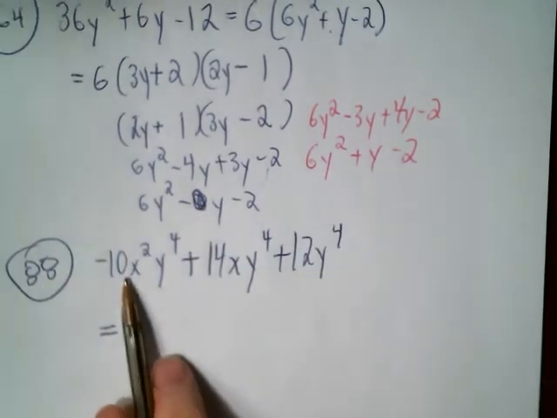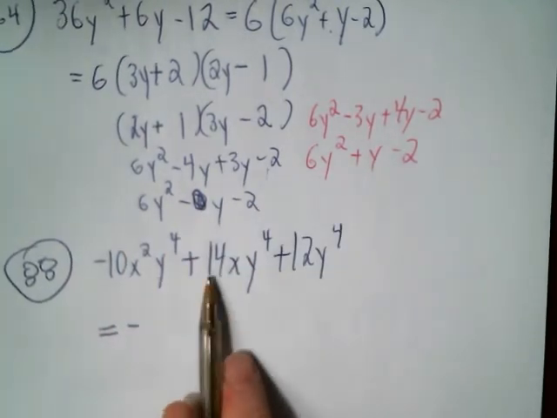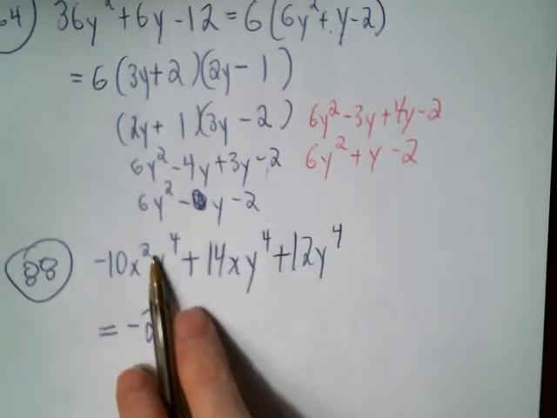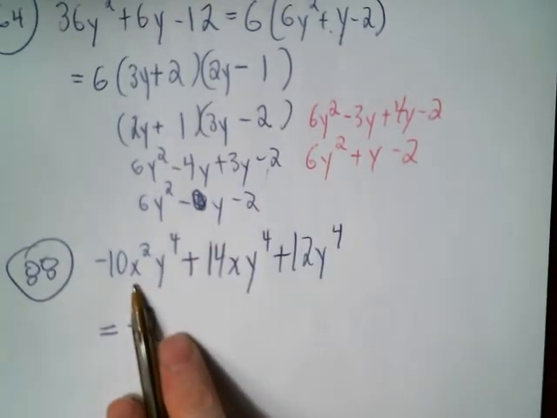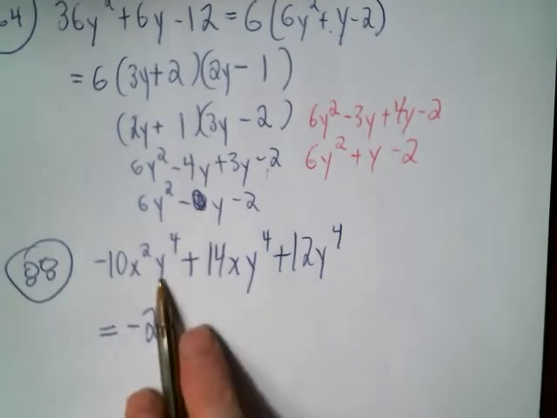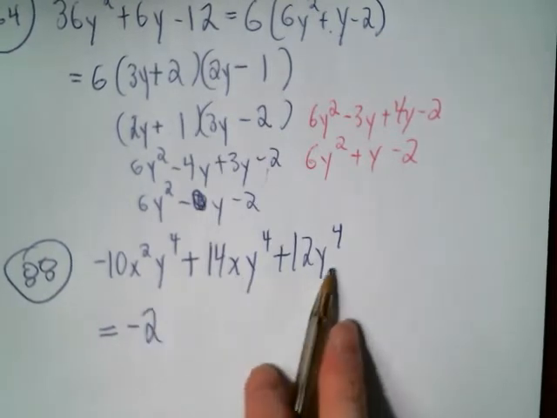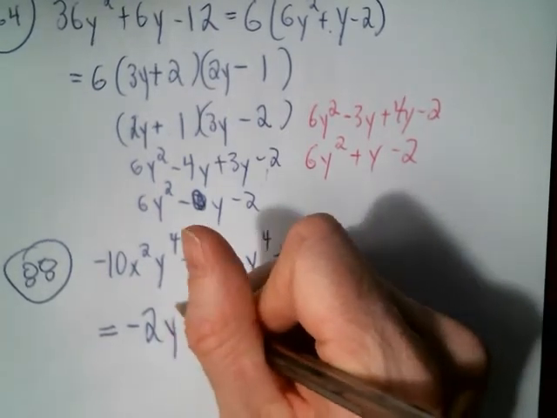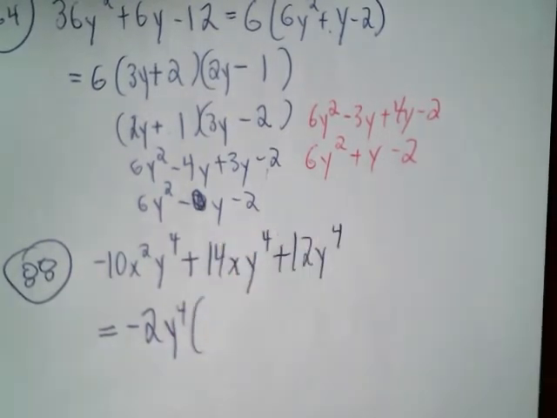And then I note each constant has a factor of 2. The lowest exponent on the x's is, well, you can't pull that out, right? So they don't have a common factor of x. Each one has a common factor of y to the fourth, though, so I could factor that out.